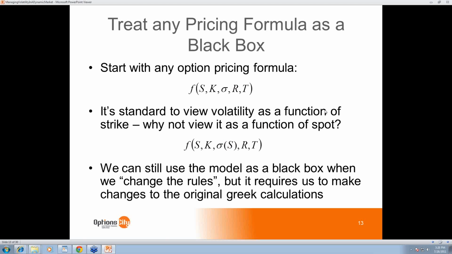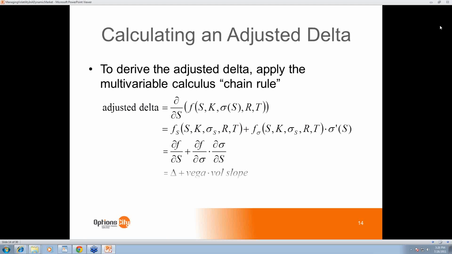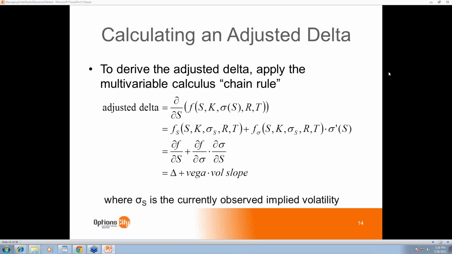But if we're going to do this, then we need to also make changes to the original Greek calculations. It's basically done by applying, if you remember from back in the days of school, the multivariable calculus chain rule. Let's not get too scared about this. Basically, we're just taking a derivative, which is calculating the rate of change as the underlying changes.